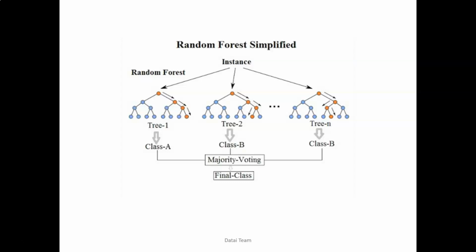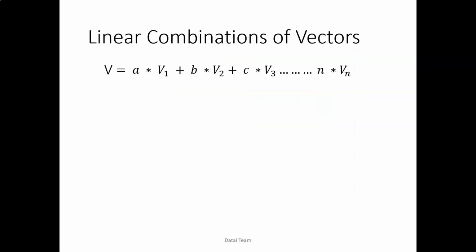We can think of our data as vectors, and from them we create a space. And we can continue with linear combinations of vectors. This is one of the fundamental topics in linear algebra, and it will be used a lot in the rest of this course. In every slide, we will do linear combinations of vectors.